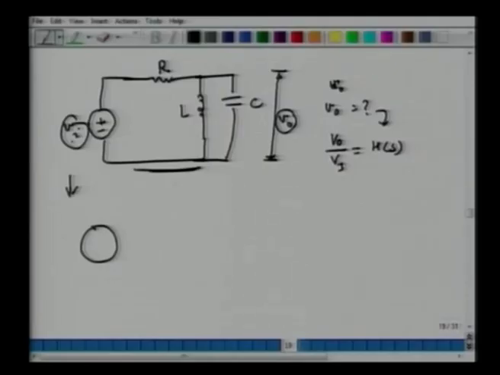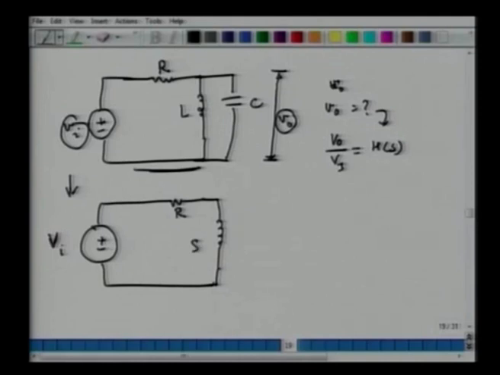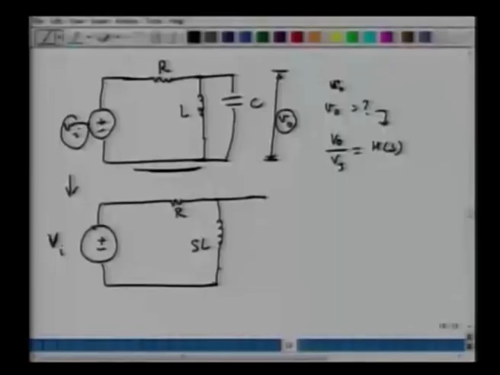Vi transforms into a complex entity, uppercase Vi. R remains R. The inductor transforms to sL. There is a mathematical proof, but we are just capturing the learning from electrical engineering here directly. And this capacitor gets transformed into 1 over sC.